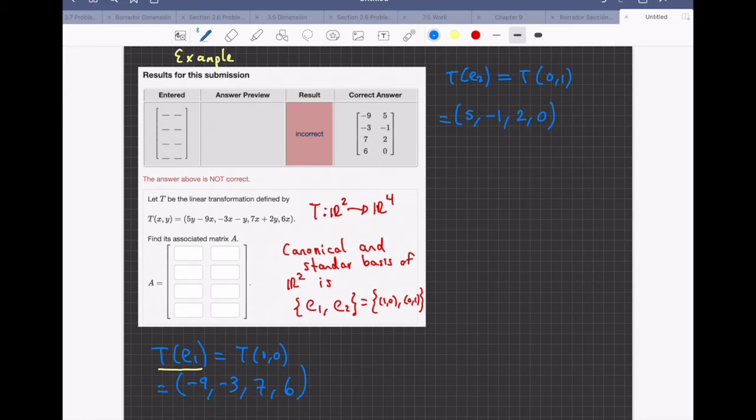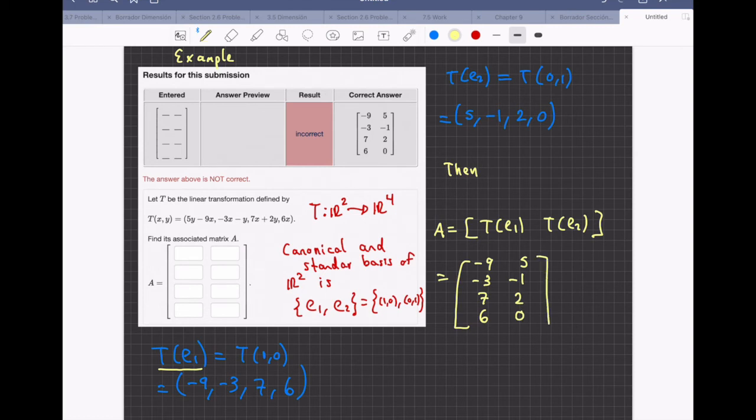Then, finally, when you create the matrix A, you will have to put this as columns, T of E1 and T of E2. So it would be negative 9, negative 3, 7, and 6, 5, negative 1, 2, and 0.